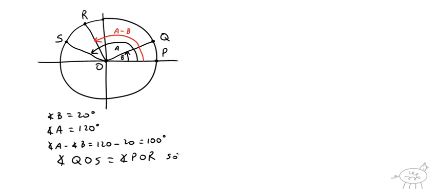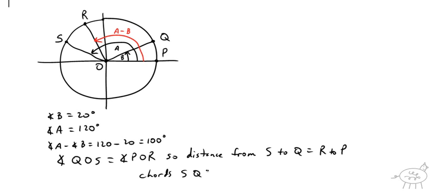So if those angles are equal, and this is on a unit circle, you agree that the distance from S to Q is equal to the distance from R to P. So I can say that chord SQ is equal to chord RP.